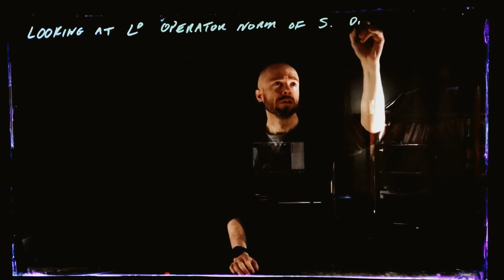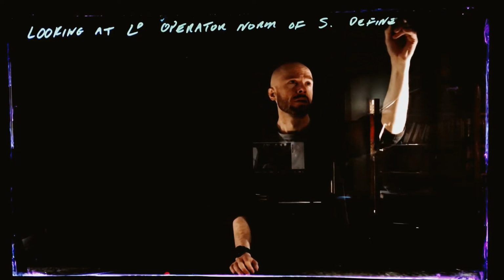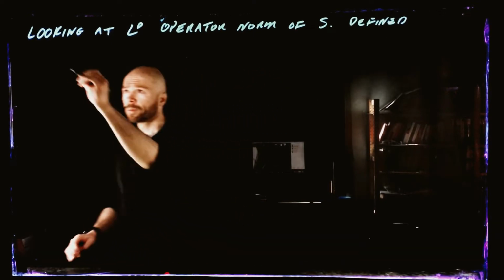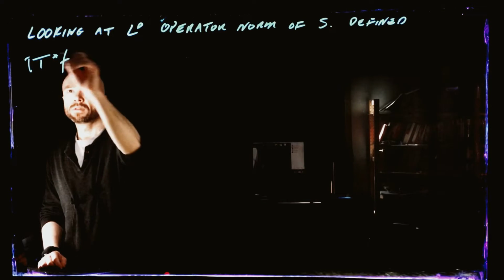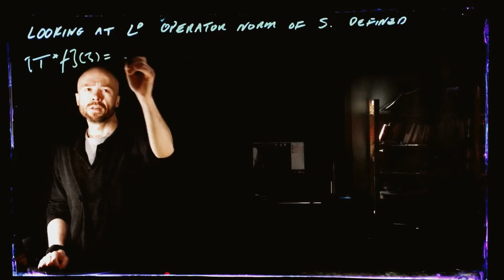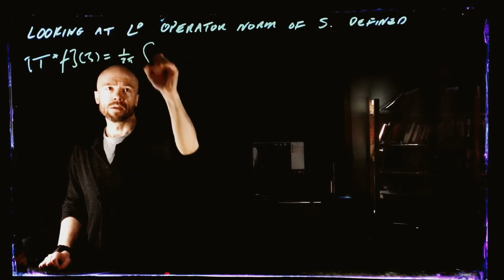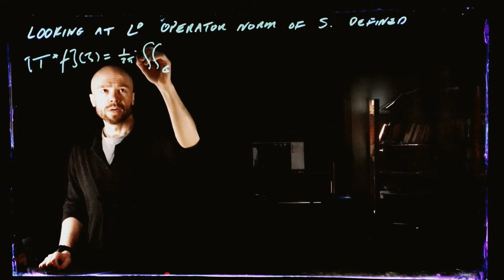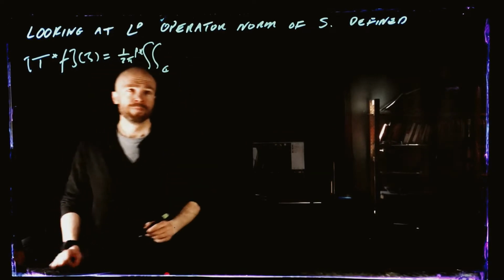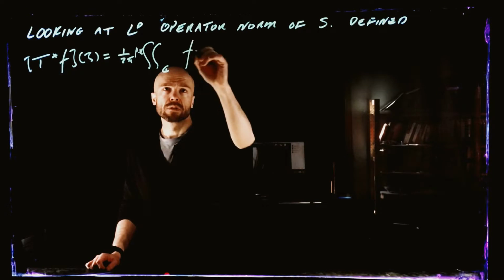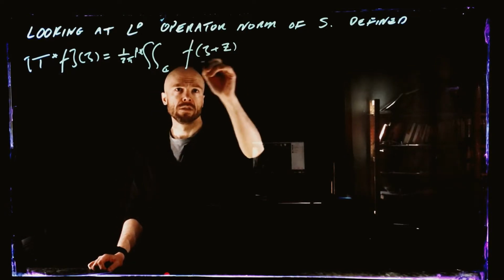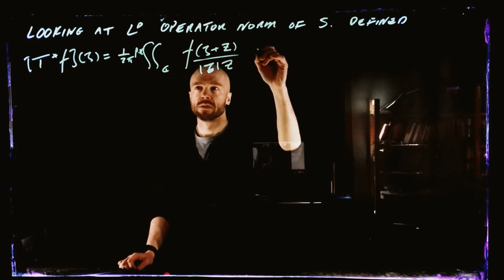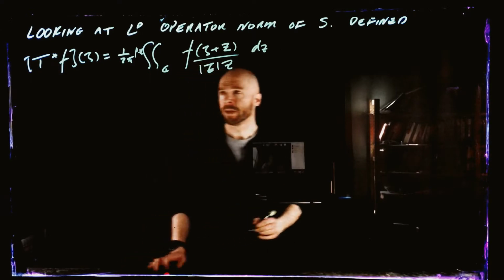So we defined this strange looking operator, Tf of zeta, to be 1 over 2 pi, integral in the principal value sense of f of zeta plus z, mod z, zeta dz, right?